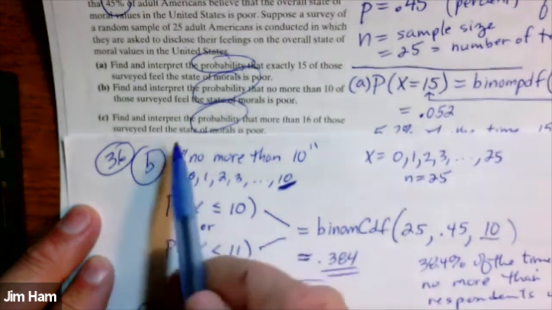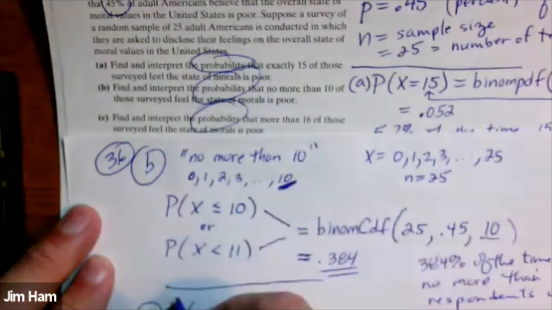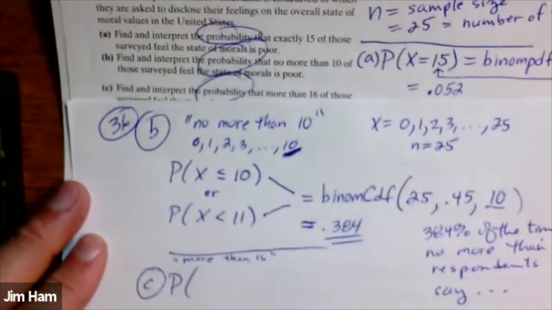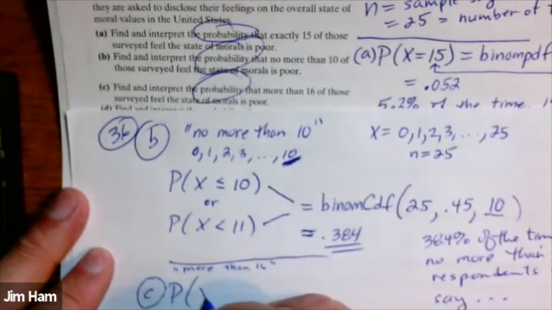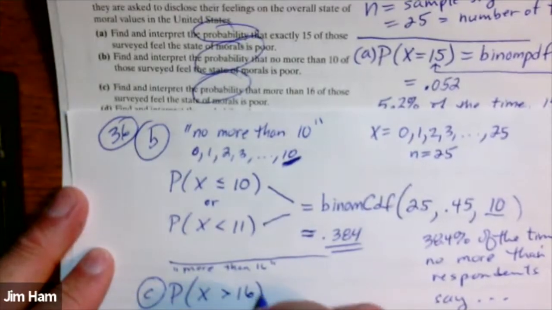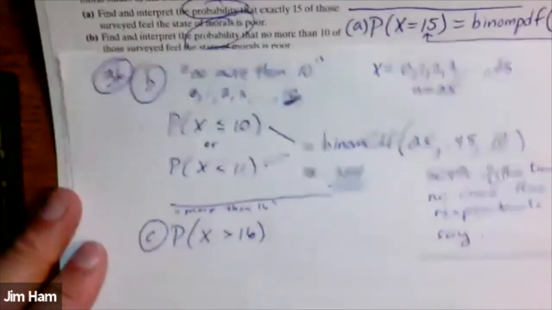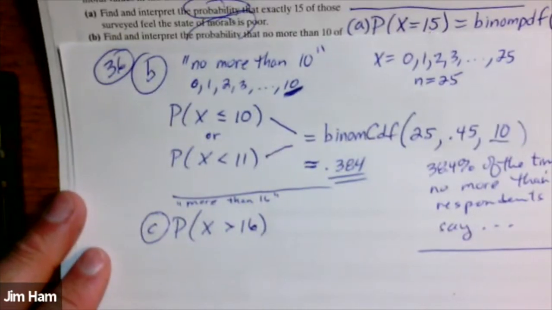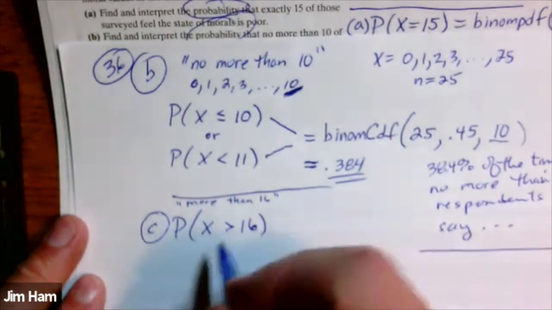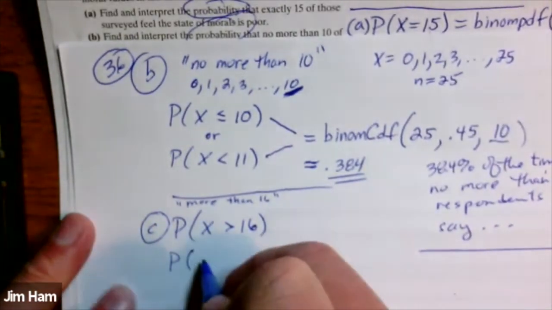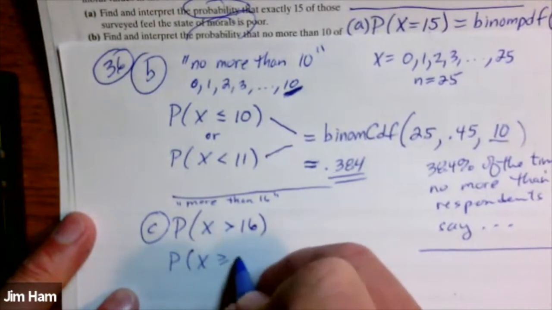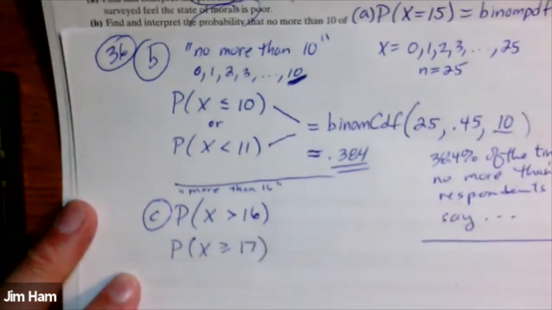In this one, more than 16. So we need to translate more than 16. Well, for me, more than 16 is just x is greater than 16. Another way that you can say it is x is greater than or equal to 17, because we're in a discrete setting.